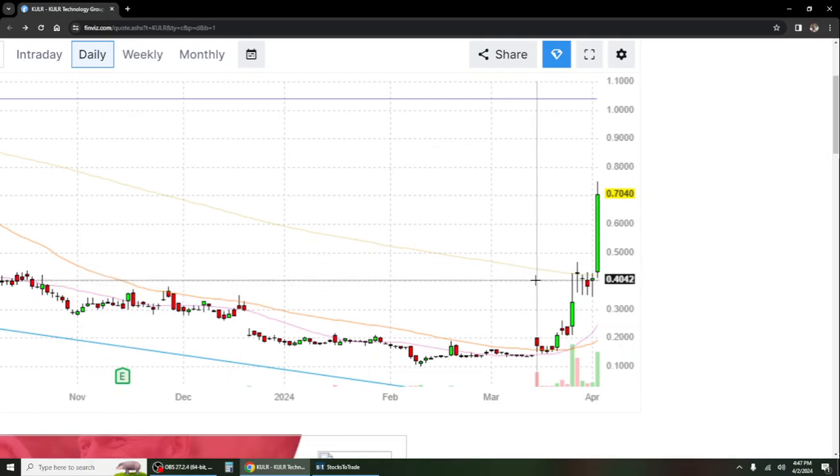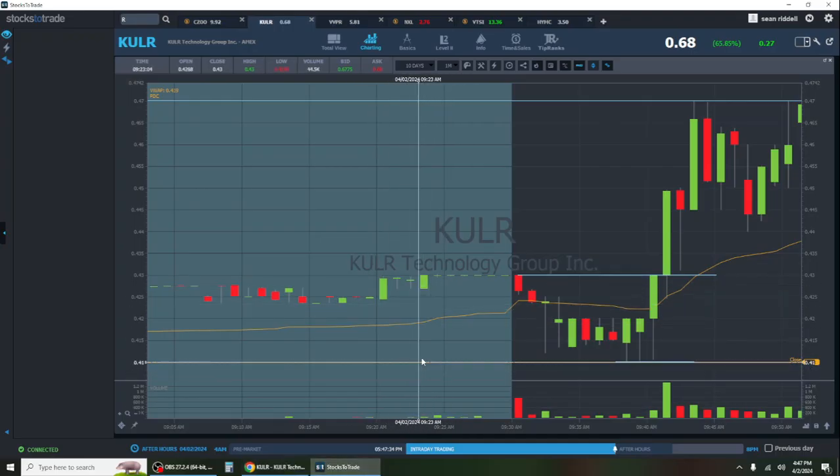So 20 cents. So today, my goal would be from low of day, add 20 cents to that. So 41 plus 20 cents equals 61. So my target, which I said in chat, was roughly around 55 cents to 65 cents. And that's kind of like the scale out zone.